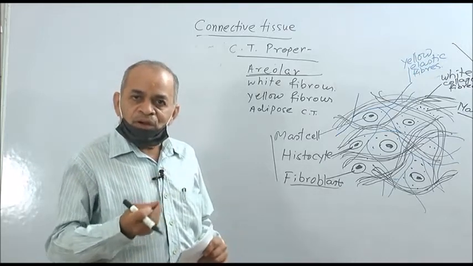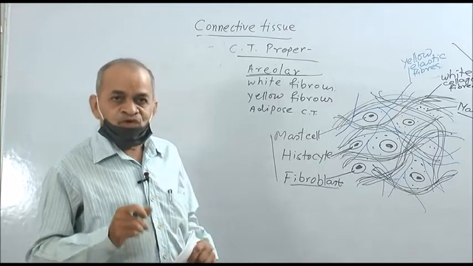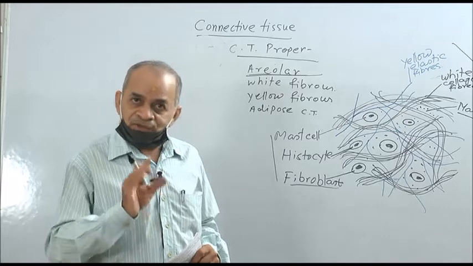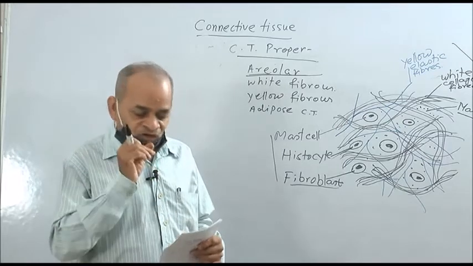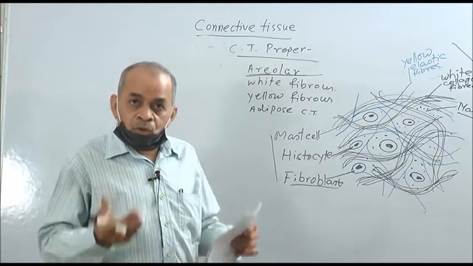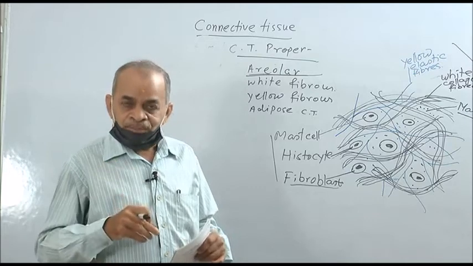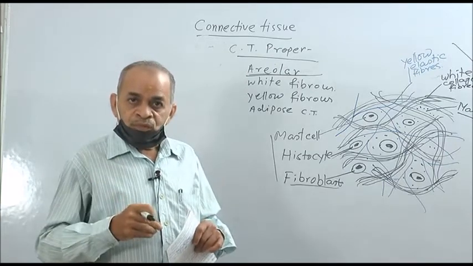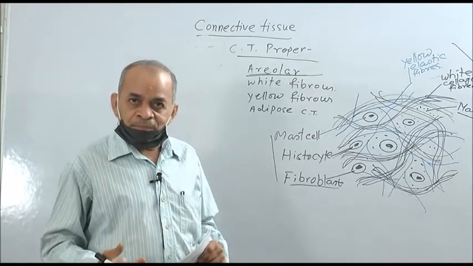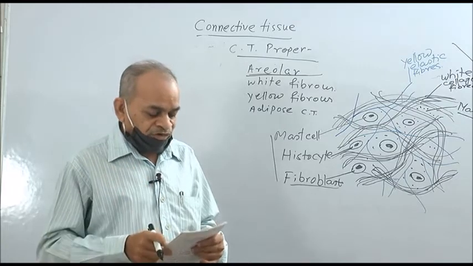Now let us see the function of these three categories of cells. Fibroblasts secrete fibers, so they are known as fibroblasts. Histiocytes are phagocytic, meaning macrophages. They ingest foreign particles, feed on them, digest them and destroy them. So they are known as phagocytic or macrophages.